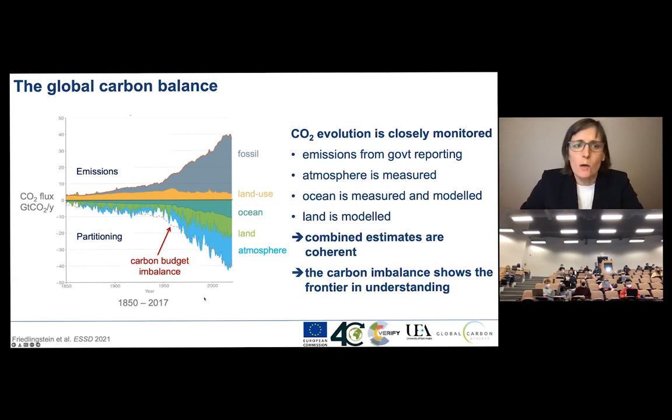So probably a combination of errors in data, errors in uncertainty, errors in model representation of the carbon sink. We call this the carbon budget imbalance. This really shows the cutting edge limit of our understanding of the carbon cycle. In fact, all the eyes of the carbon research community are focused on this, trying to understand where this gap comes from.